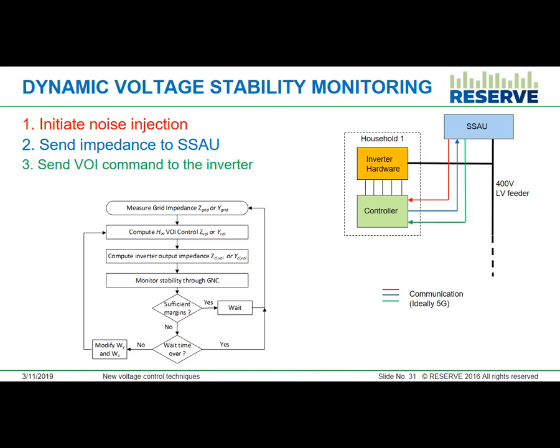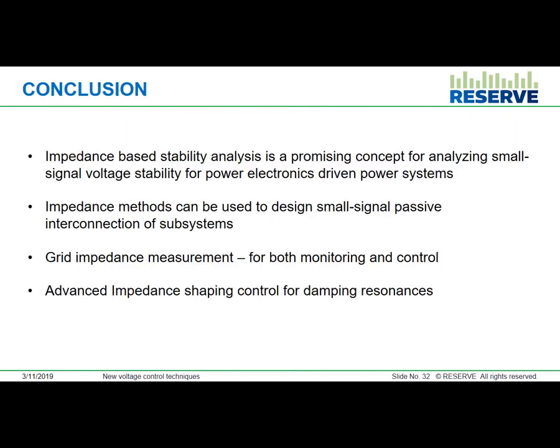And here's where we also try to come up with some grid codes, where once we did some kind of stability monitoring, we can try to define some margins such that we can take action or we don't take action. By action I mean designing a change of the impedance of the inverter. So this is the monitoring idea.